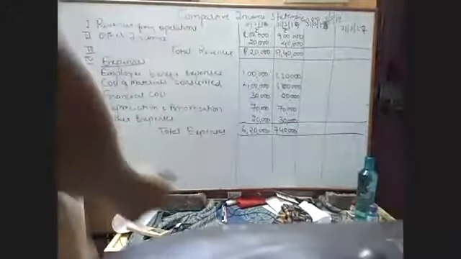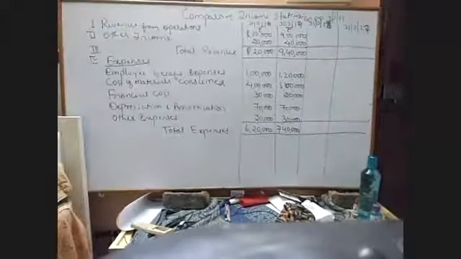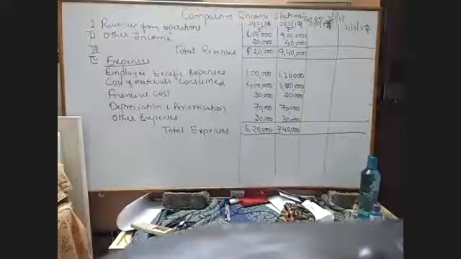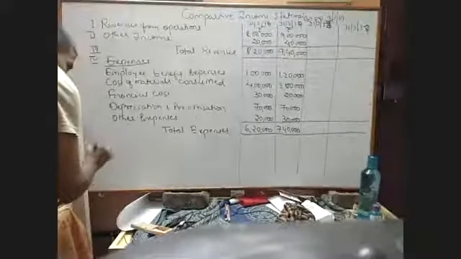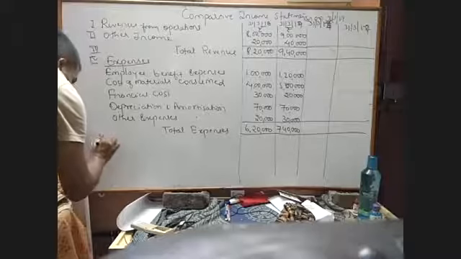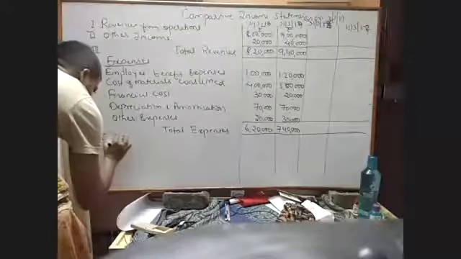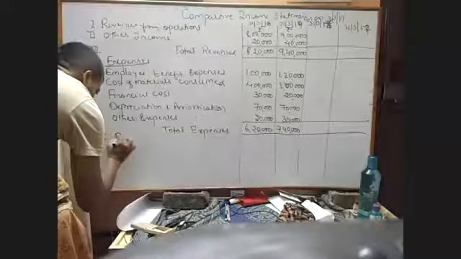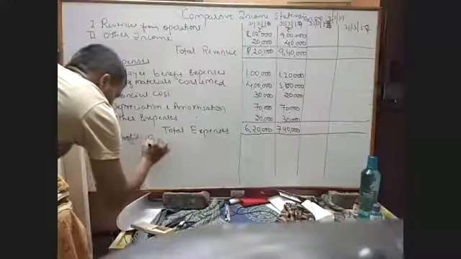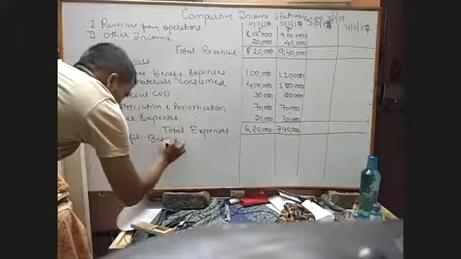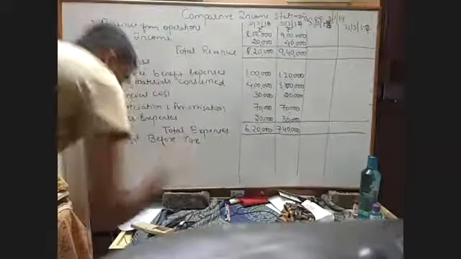Okay. Next is whether they have given tax expenses in the problem. Yes, sir, income tax. That means we have to next write Roman 5, that is profit before tax.